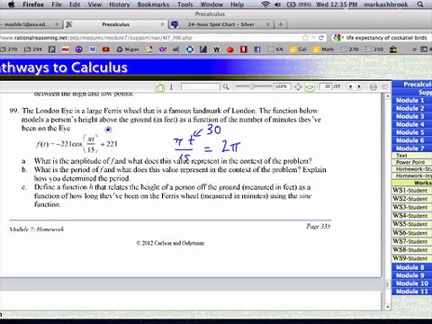All right. Determine the function h that relates the height measured in feet as a function of how long they've been on the Ferris wheel using the sine function. Oh, so it's the same one but using sine instead of cosine. Is that right? Okay.